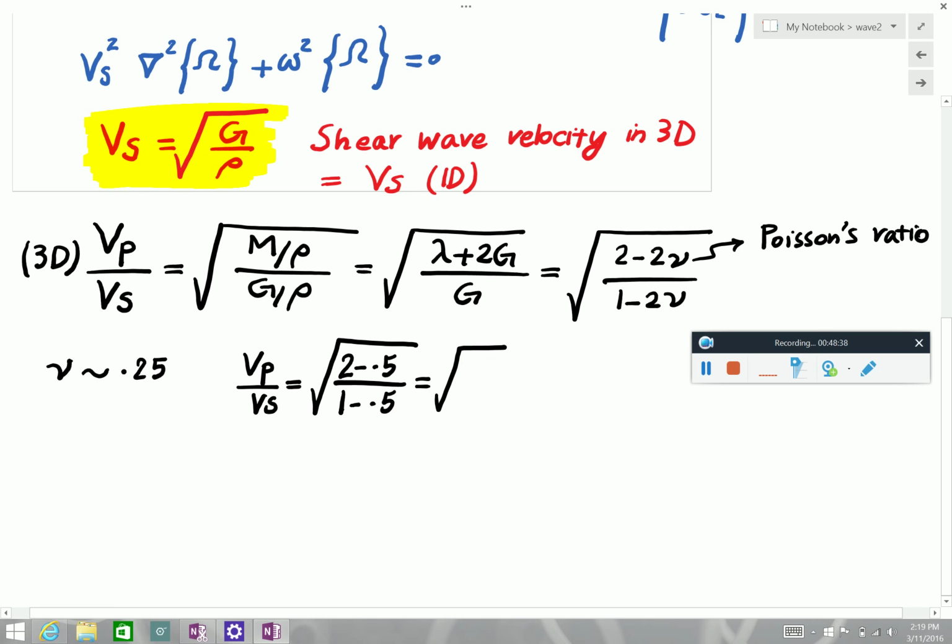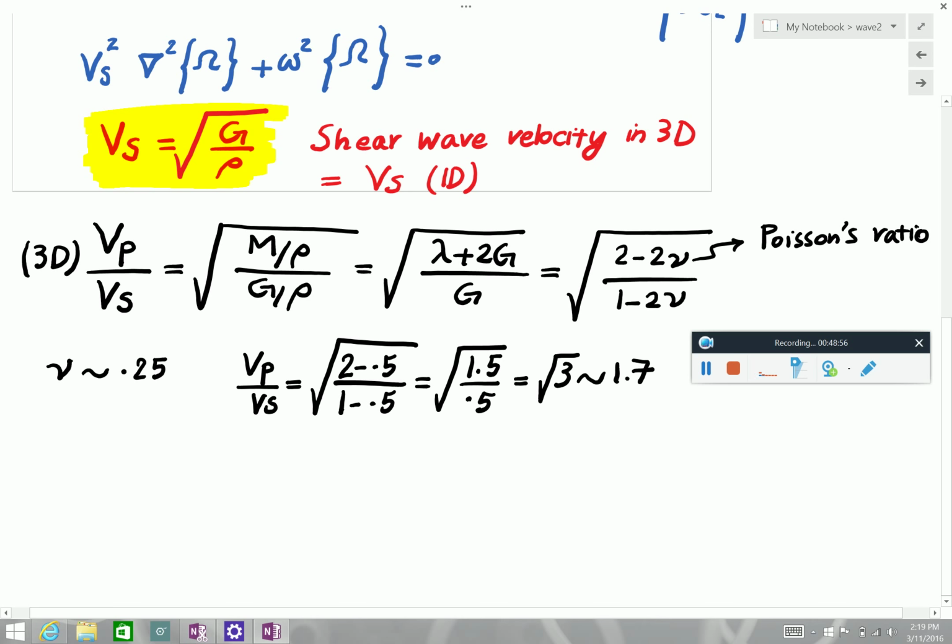So here is 1.5 over 0.5. So it's about 2 times. This is typical.